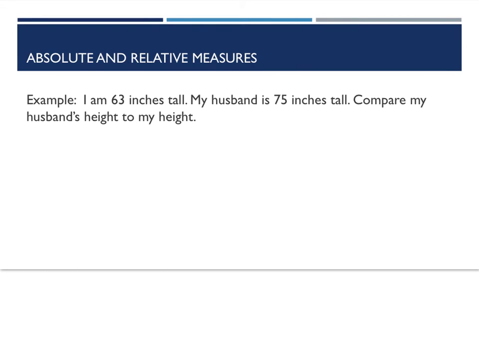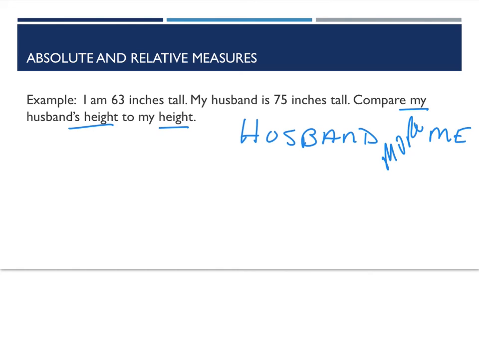I kept the information the same. What I did is I reversed the comparison. If I compare my husband to me, that's husband to me, my husband's height is more than my height, or he's taller than me.